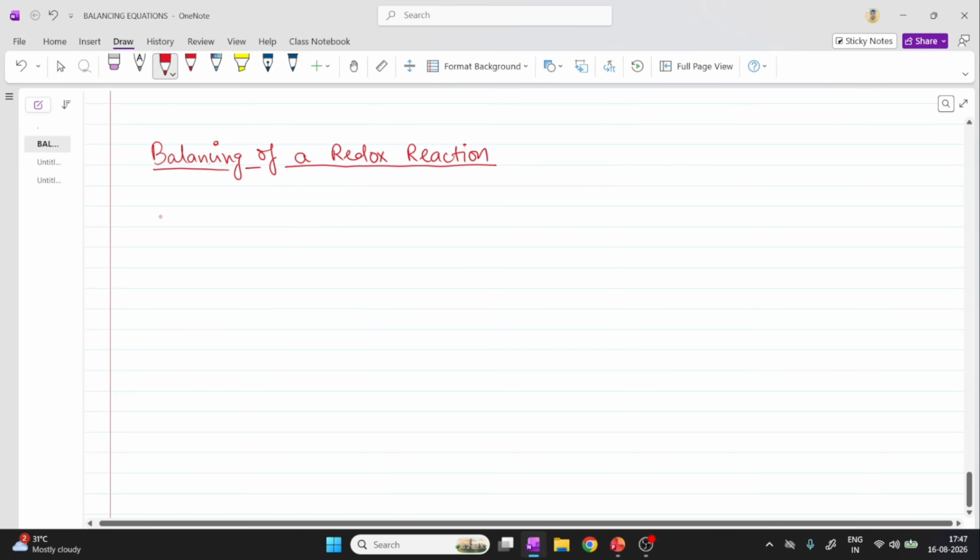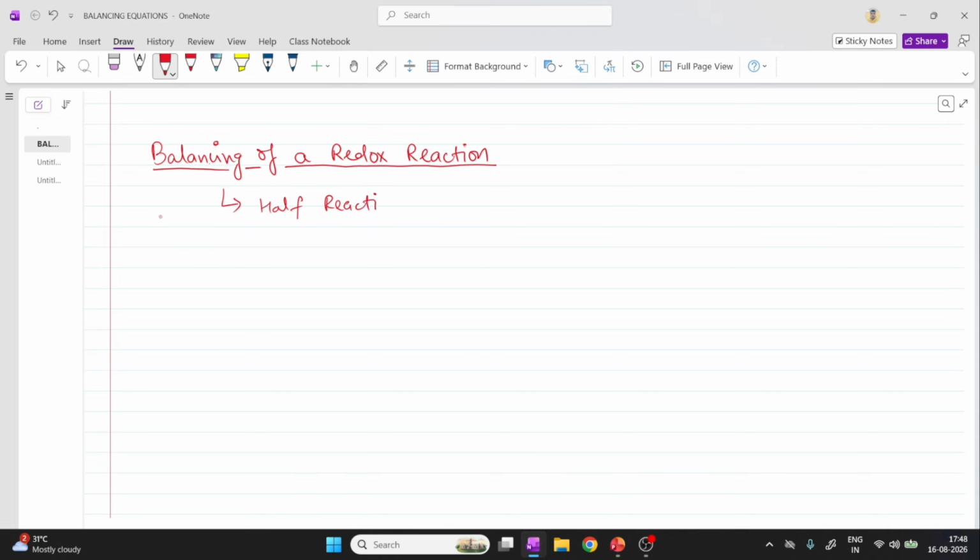Fine. So in this balancing, we have two different methods. First is called the half reaction method, or in some books it is also written as the ion electron method.